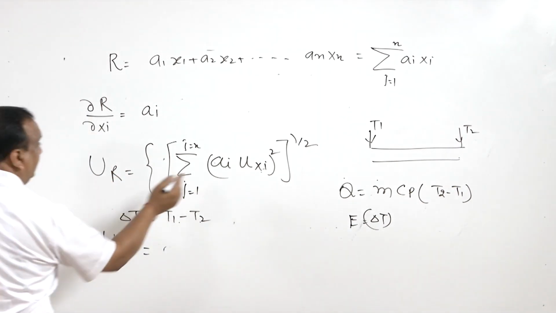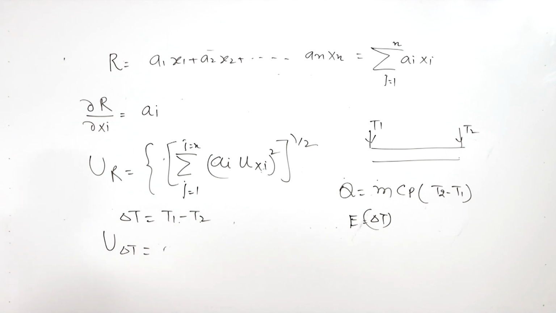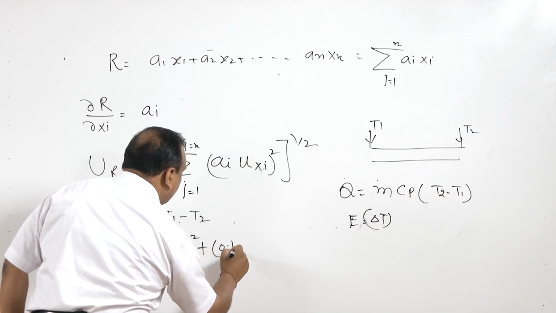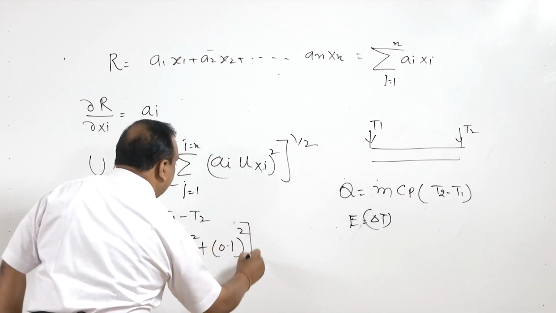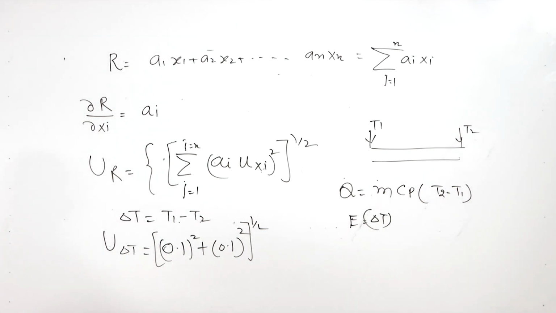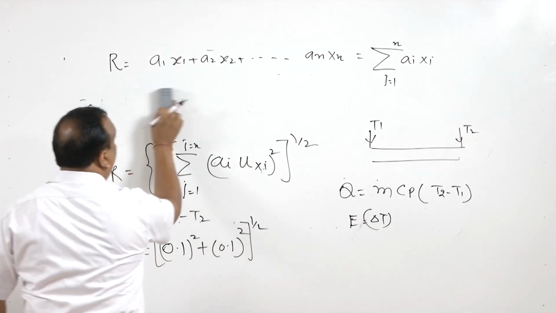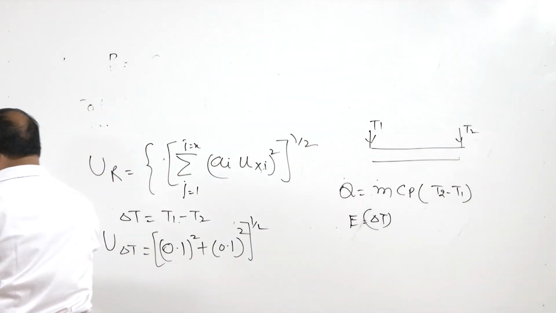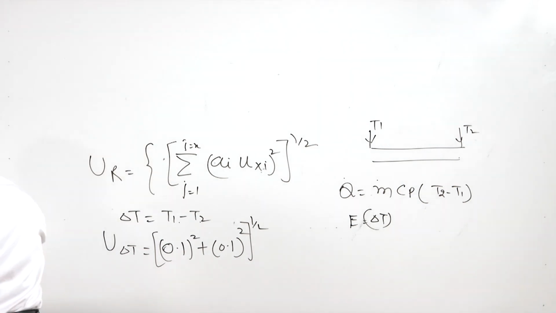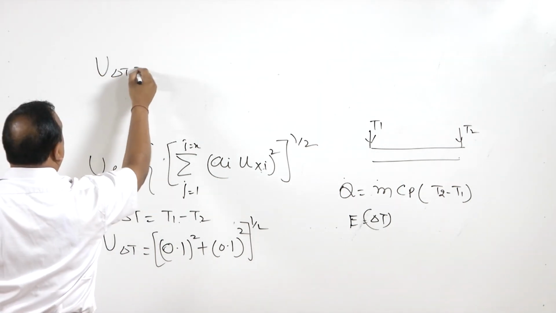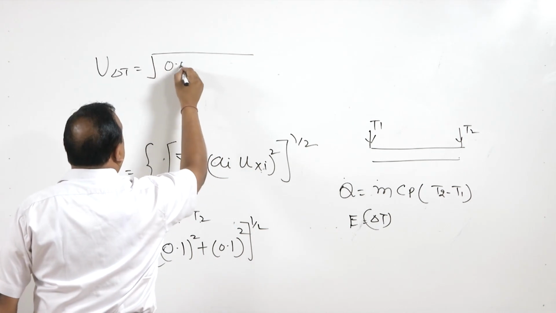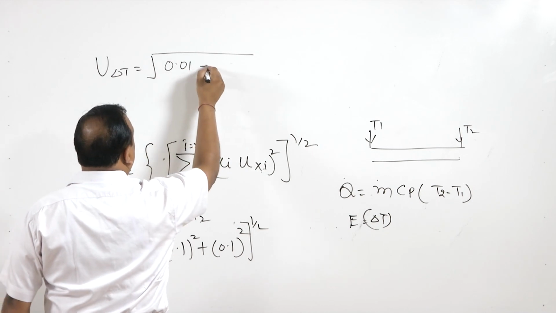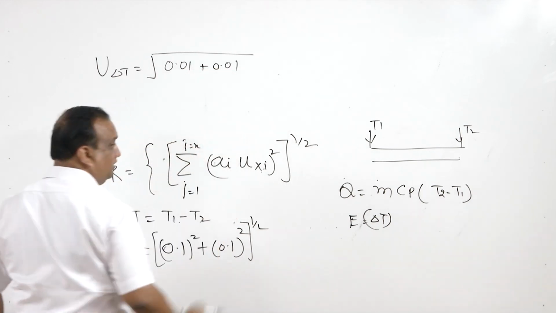Ai is 1 in this case. So we can take 0.1 whole square plus 0.1 whole square, raised to power 1 by 2. So when we take 0.1 square, then it becomes the uncertainty in delta T. Uncertainty in delta T is equal to under root of 0.01 plus 0.01.